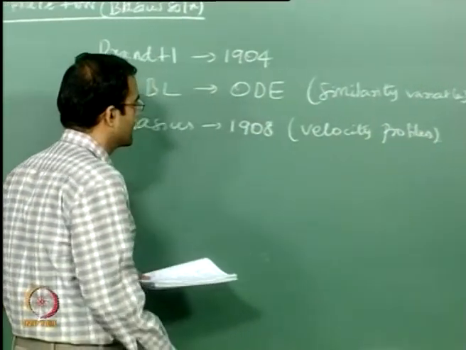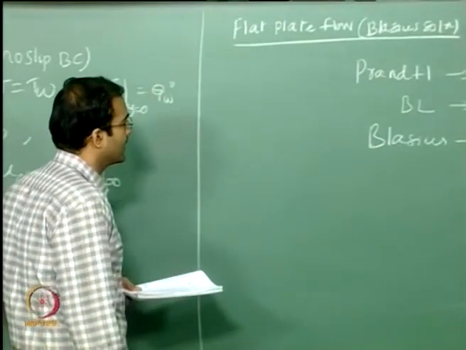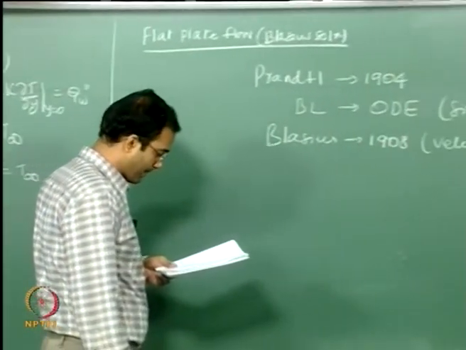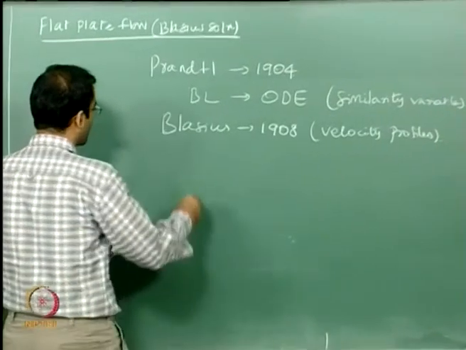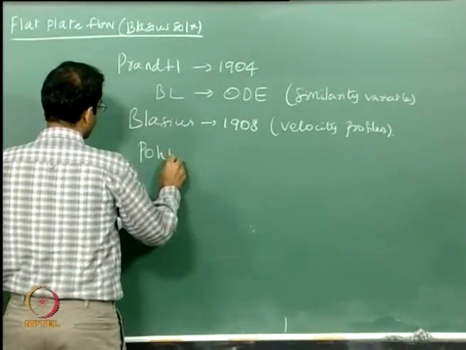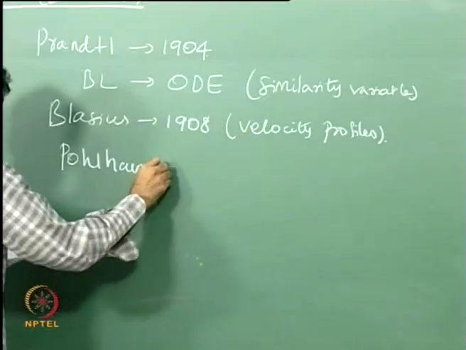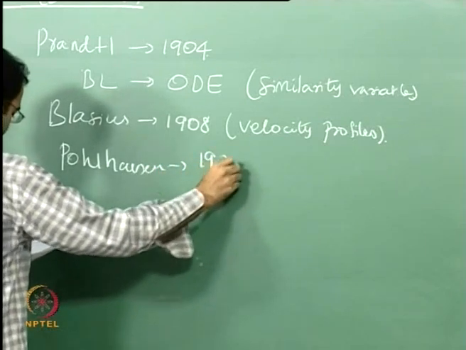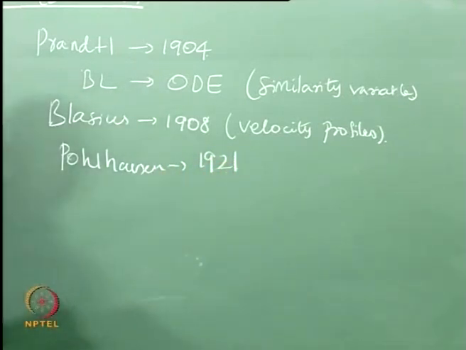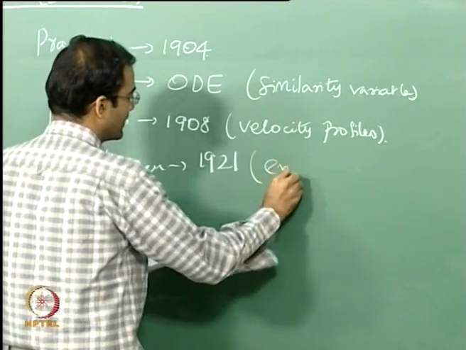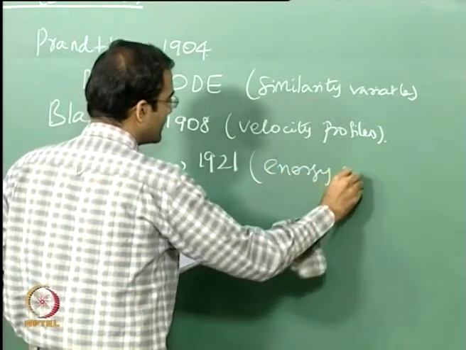He was his student, and later on I think it was Pohlhausen in the year 1921 who extended the Blasius solution for the velocity profile to solve the energy equation.